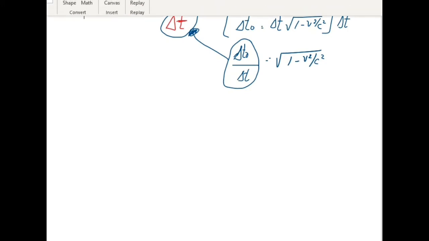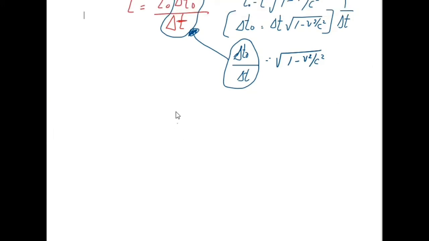Let's take a look at the final equation. We now have L is equal to L0 times the square root of 1 minus V squared over C squared.